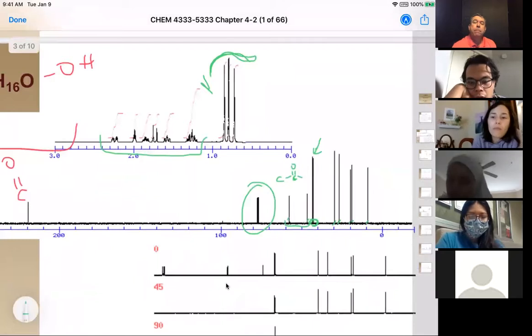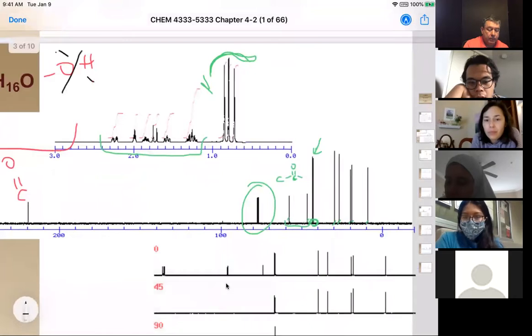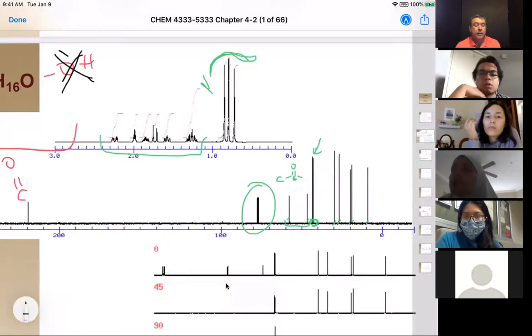So that gives us our first impression here. So we do have 10 carbons, which is what we're looking for. We want 16 hydrogens. Let's double check that real quick. 1, 2, 3, 4, 5, 6, 7, 8, 9, 10, 11, 12, 13, 14, 15, 16. Yeah.